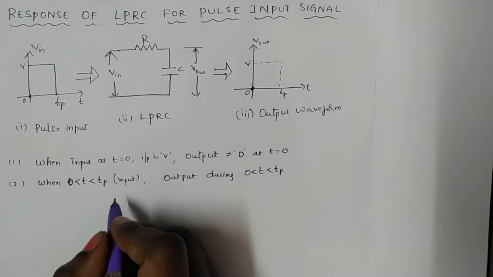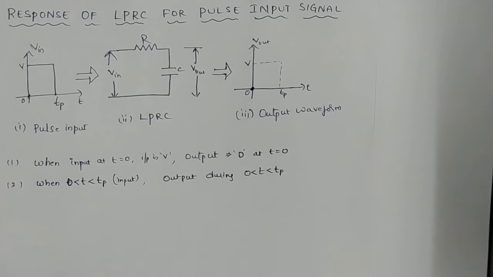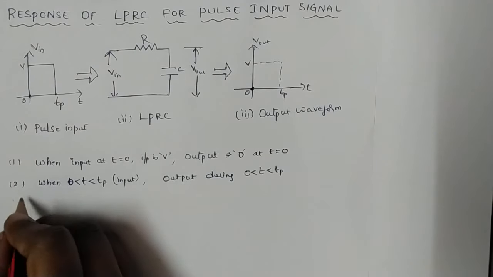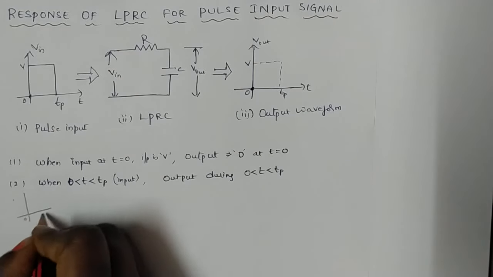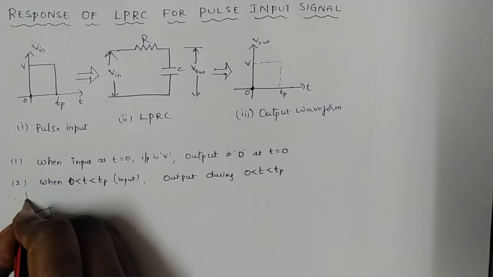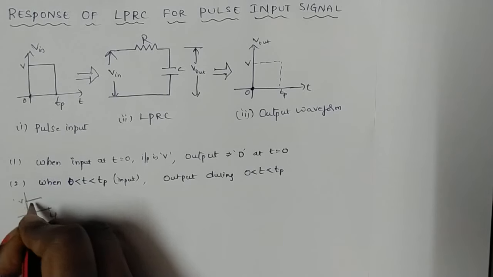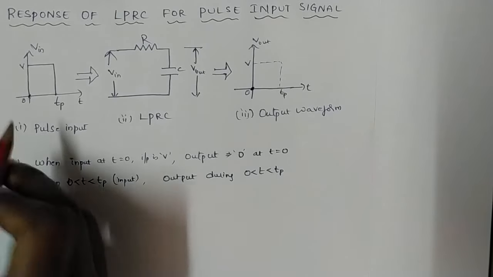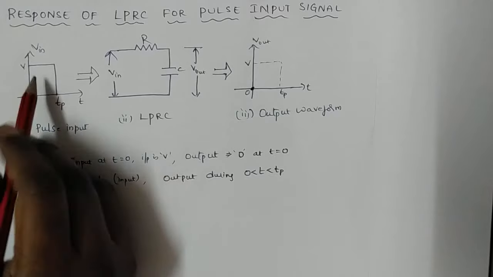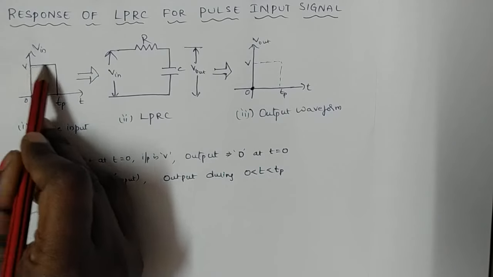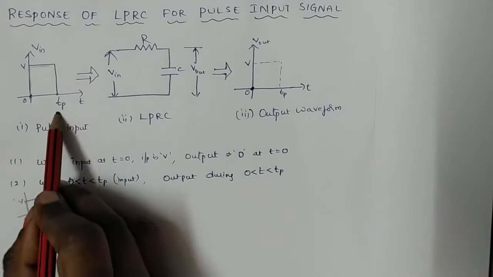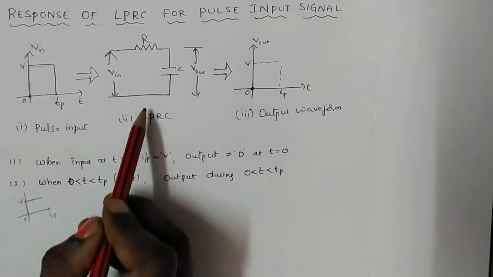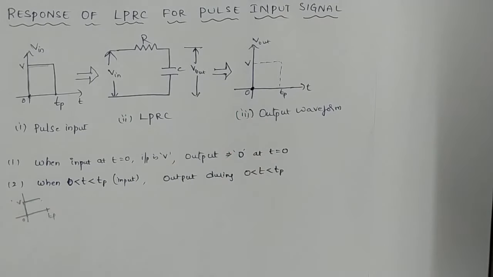In the previous class we discussed that from 0 to tp, the input signal resembles a step signal. When a step signal is applied to the LPRC, we know how the response increases from 0 to V volts.